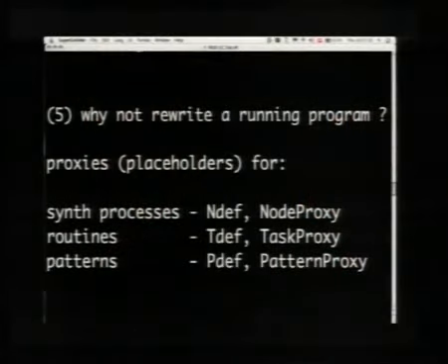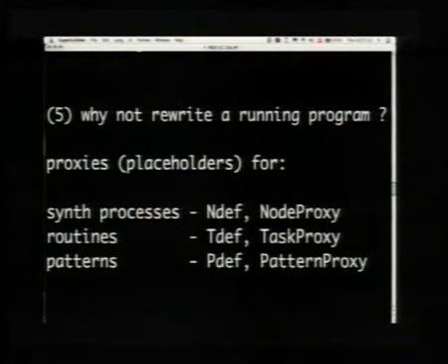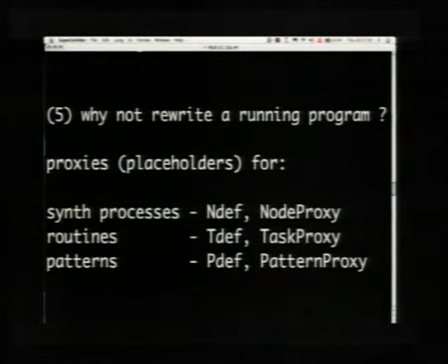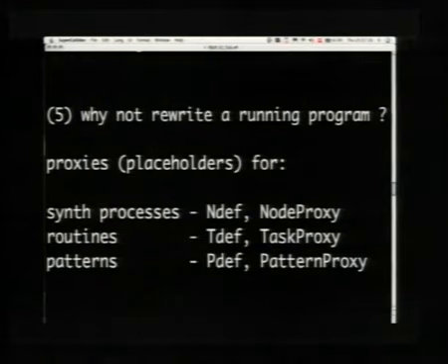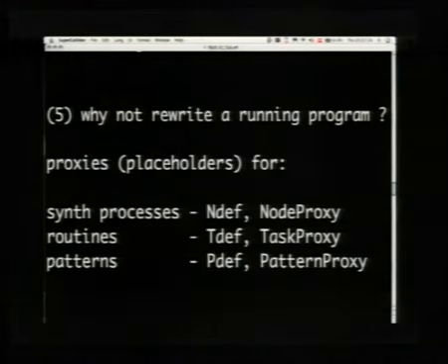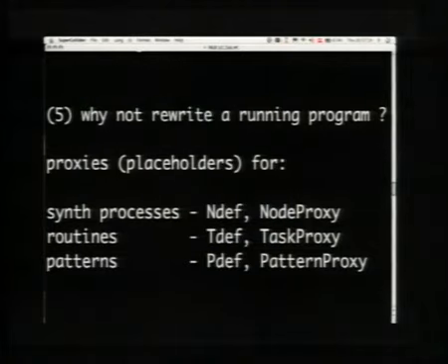SuperCollider users might be familiar with the objects that are written down here. We use placeholders called proxies mainly. For synth processes there's something called NodeProxy, also called Ndef, for routines there's a TaskProxy or Tdef, and for patterns there's the PatternProxy or Pdef.